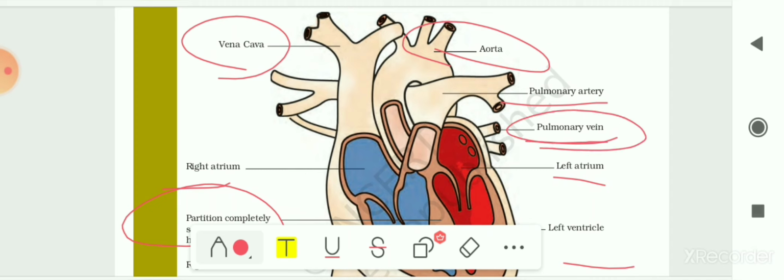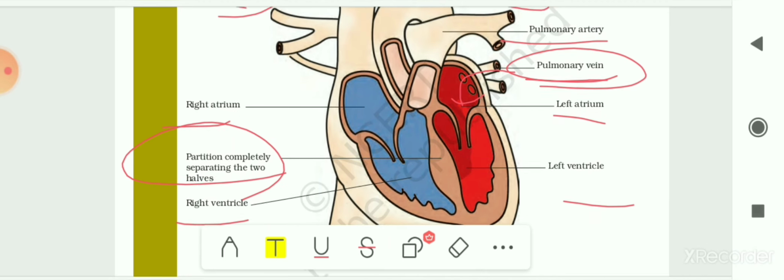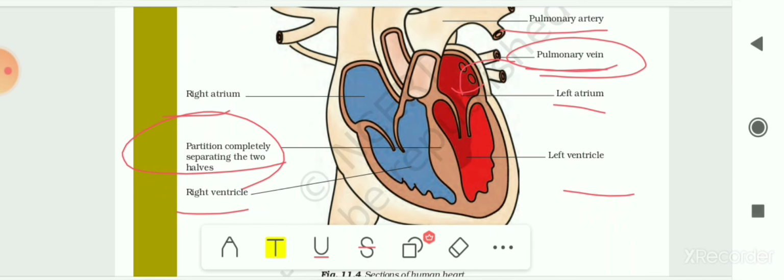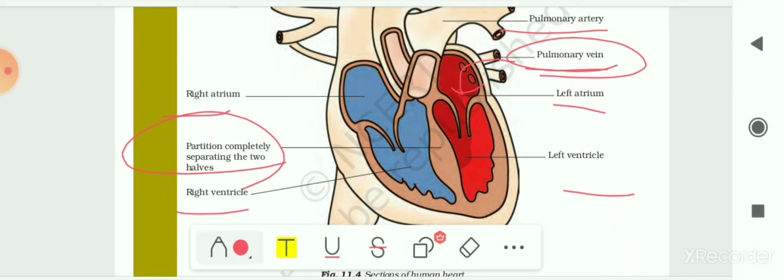So through these pulmonary veins the blood will reach the heart, in the left atrium. Once this left atrium is fully filled with the blood, it will start contracting, and at the same time this left ventricle will expand. So the blood will empty into this left ventricle.